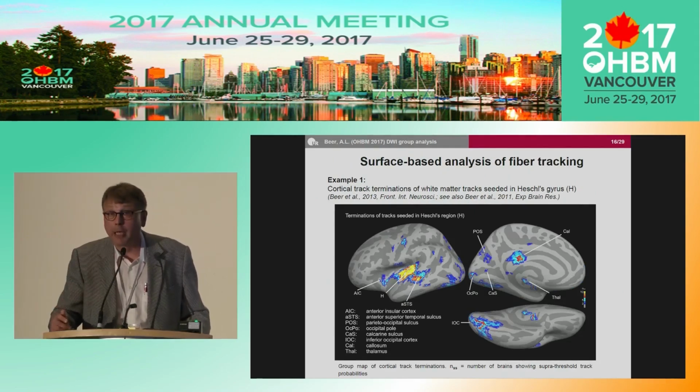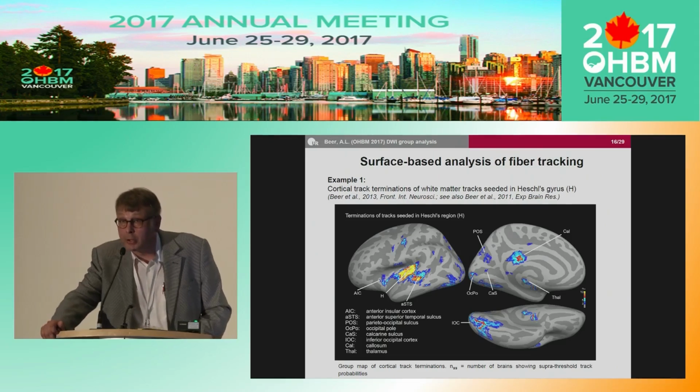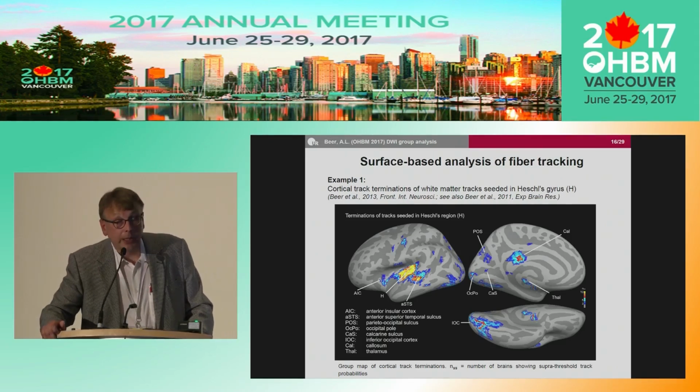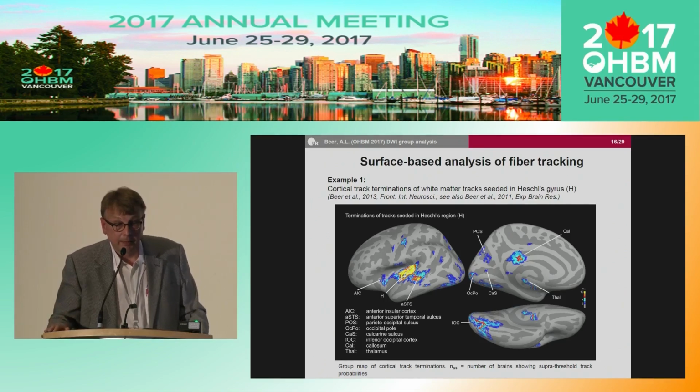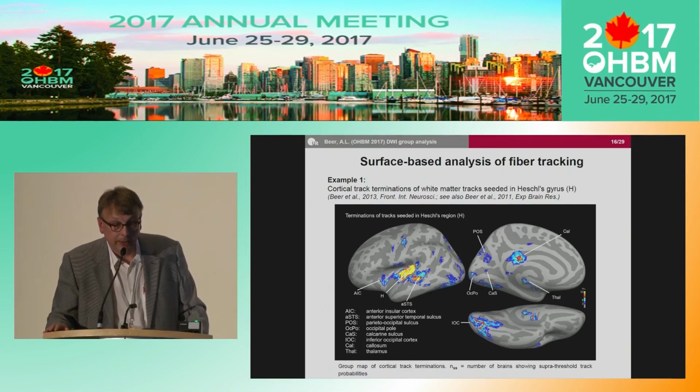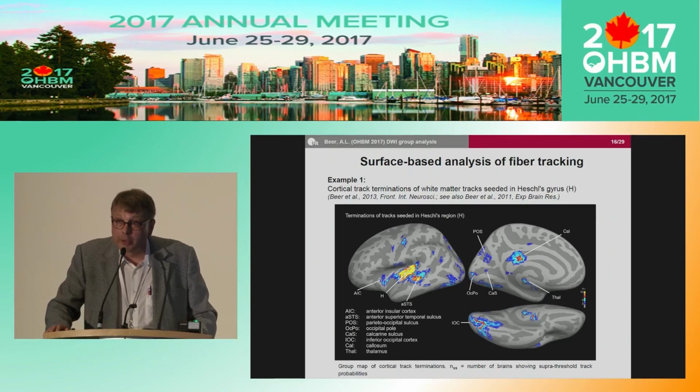In this example, I wanted to know the cortical connectivity of the auditory cortex. So we used probabilistic tracking with FSL, seeding in Heschl's gyrus, which is indicated here, and then tracked through the white matter in a set of 10 brains, and looked where along the cortical surfaces these tracks terminated.